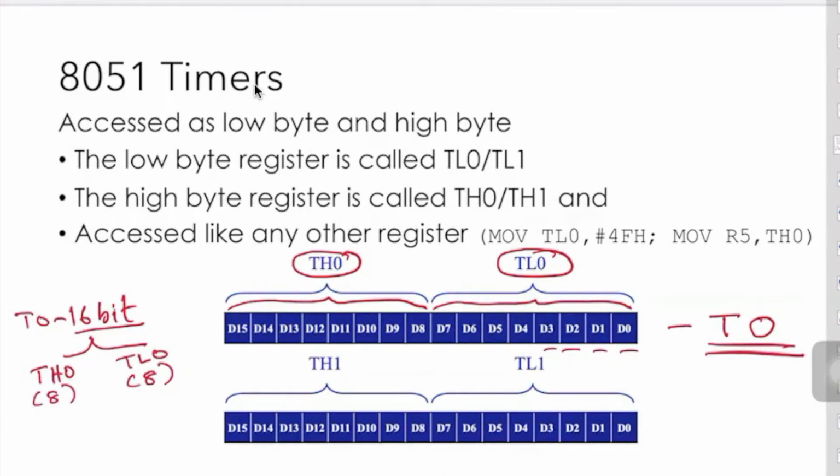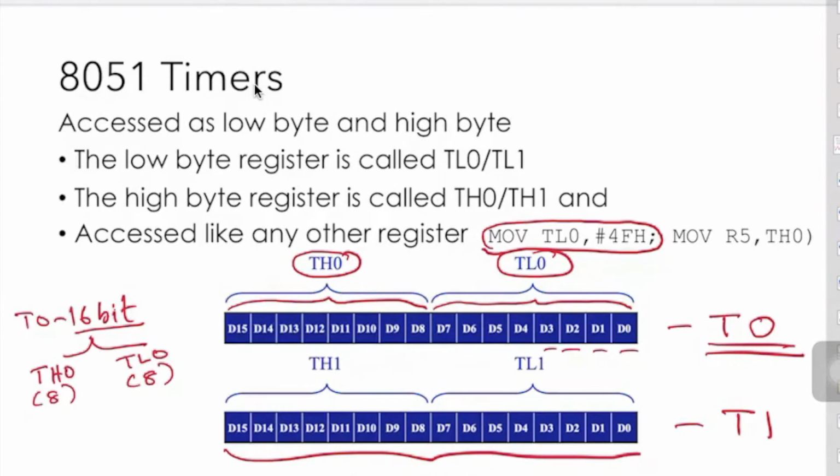Similarly for timer 1 also. So this is timer 1. If I wanted to store some data to timer 0, for example, MOV TL0, #4FH. TL0 is an 8-bit register, you know that, right? What we are moving is 8-bit data. So 4F is 8-bit data, and we are moving it to an 8-bit register.